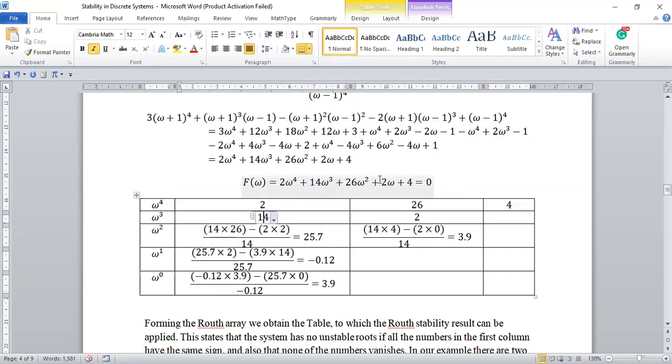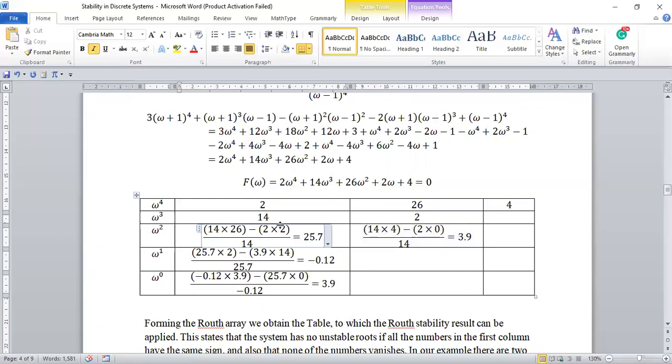So this is the 14, then the 2, we're going to write it here. Then for the next row, in order to get this row, we multiply this 14 and 26, then you subtract the product of 2 and 2, then you divide by 14, then we arrive at 27.5.